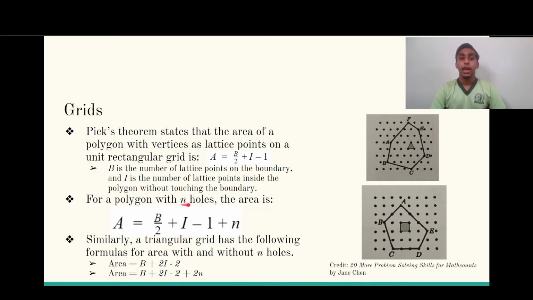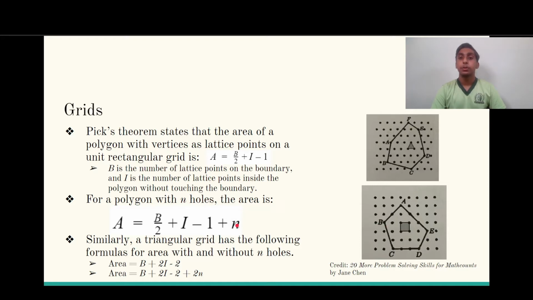For a polygon with n holes, the area A is equal to b over 2 plus I minus 1 plus n, where n is the number of holes. When they say holes here, they're referring to a unit hole. So here, it only takes up one unit square, so this is one hole. My n is equal to 1. I just plug in 1 here, and I do my formula like usual.